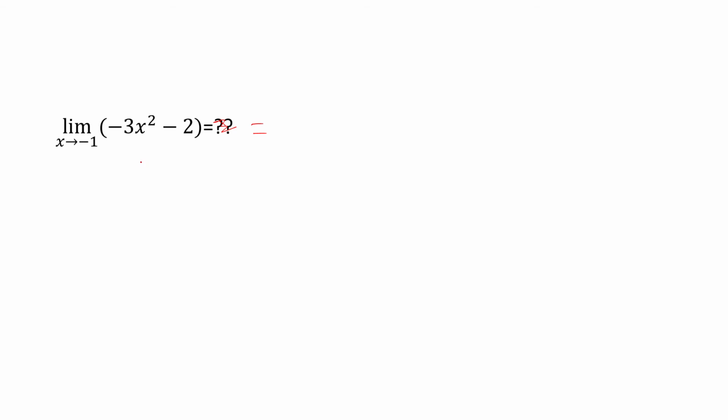So now let's evaluate the limit of minus 3 times x squared minus 2 as x approaches negative 1. Again, the first step is to write it out, negative 3x squared minus 2. Then replace x with negative 1.